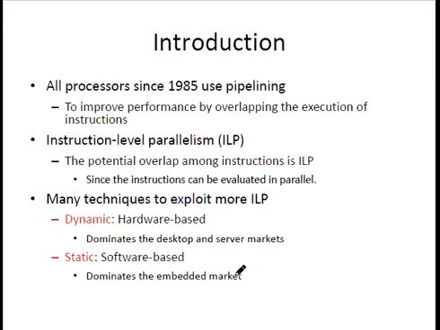Instruction level parallelism has been used by processors since 1985, using pipelining to improve performance by overlapping the execution of instructions. It is just the process we saw in the previous lecture in the laundry example; instructions are carried out in a similar fashion. Instructions, when evaluated in parallel, is ILP.